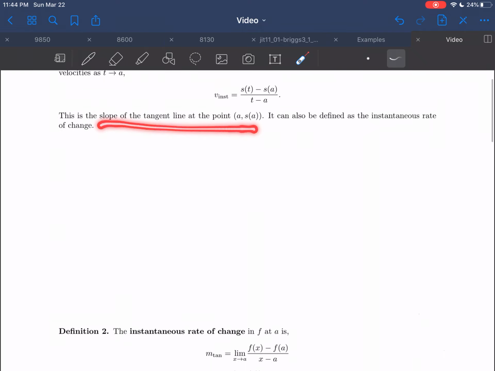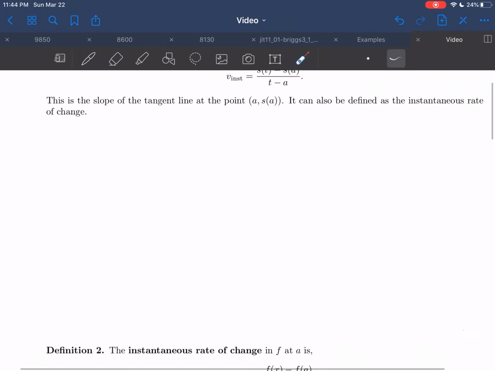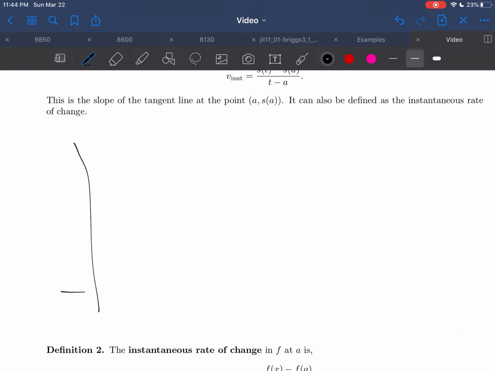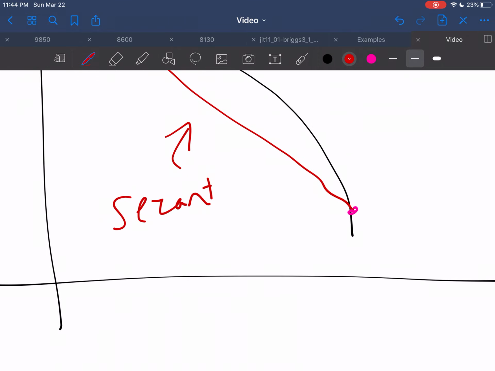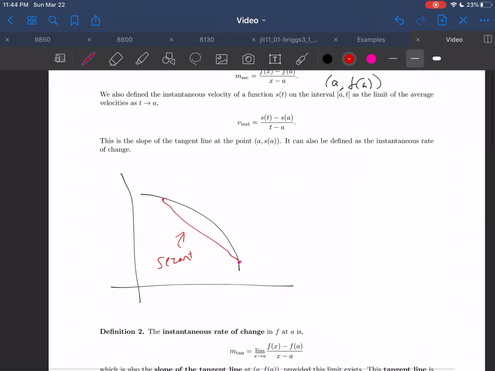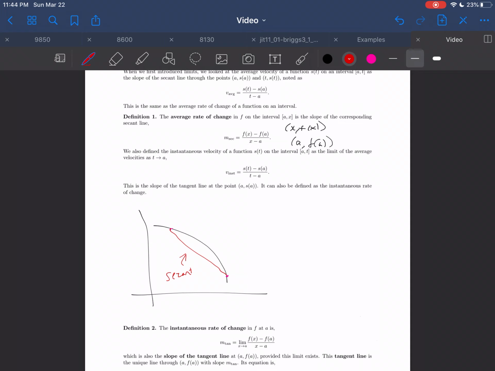Okay, so if you remember, we had some function, we had 2 points. We had our secant line, and the slope of this line is our average rate of change.